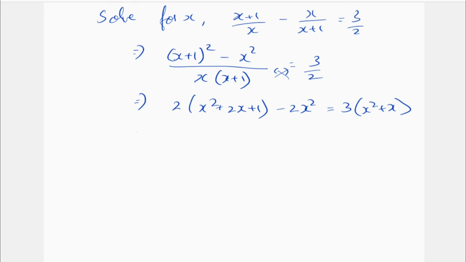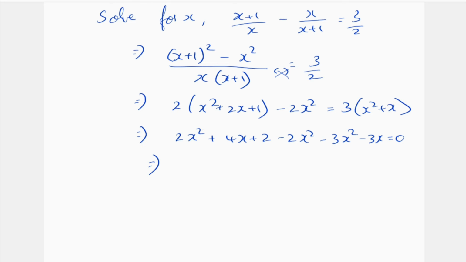Now when I further simplify, 2x square plus 4x plus 2 minus 2x square. When I bring the right hand side terms to the left hand side, they'll turn negative: minus 3x square minus 3x equals 0. There's nothing left on the right hand side, so it becomes 0.